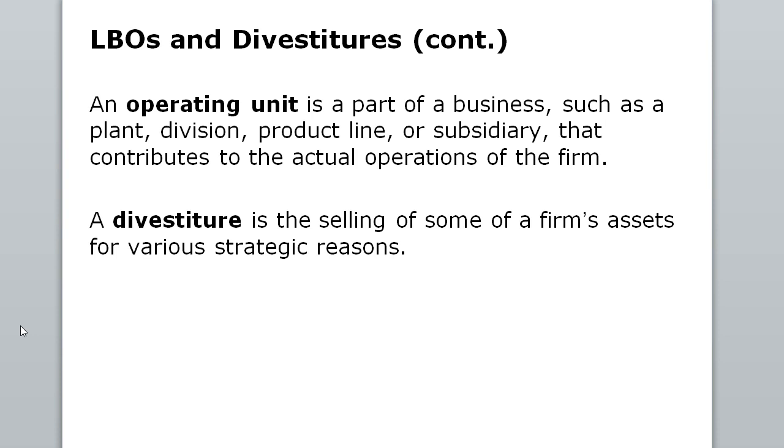A divestiture can occur in the selling of an operating unit or a product line or a division of the company. This is quite common for a lot of companies to say, okay, this is no longer our core business, or this is slowing us up, or we're not interested in this. Let's spin it off to its own company or to another company to purchase.